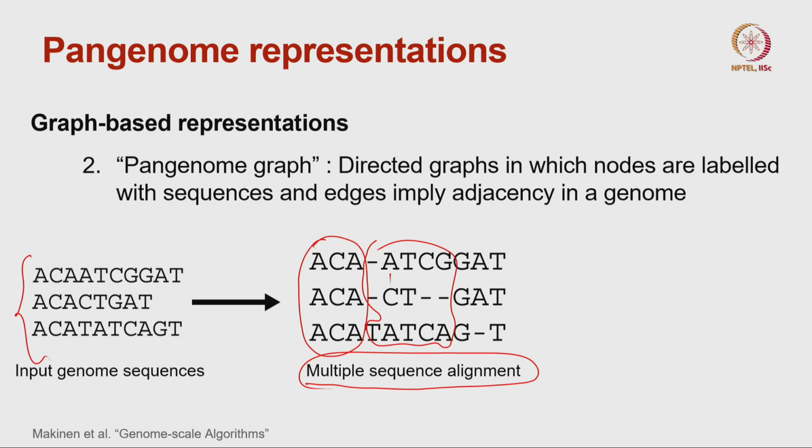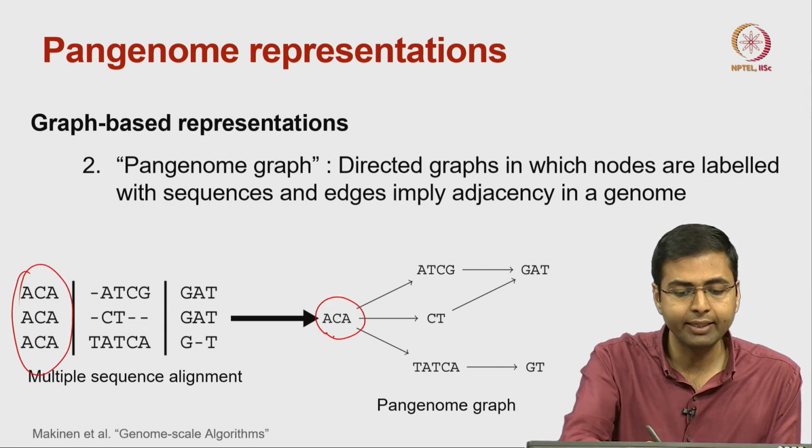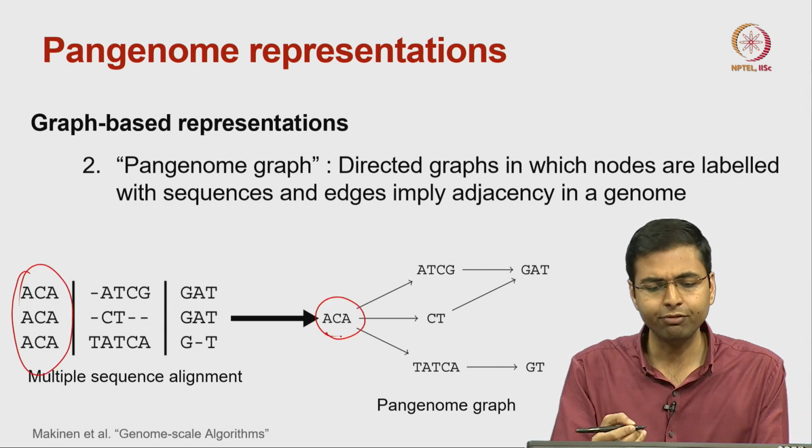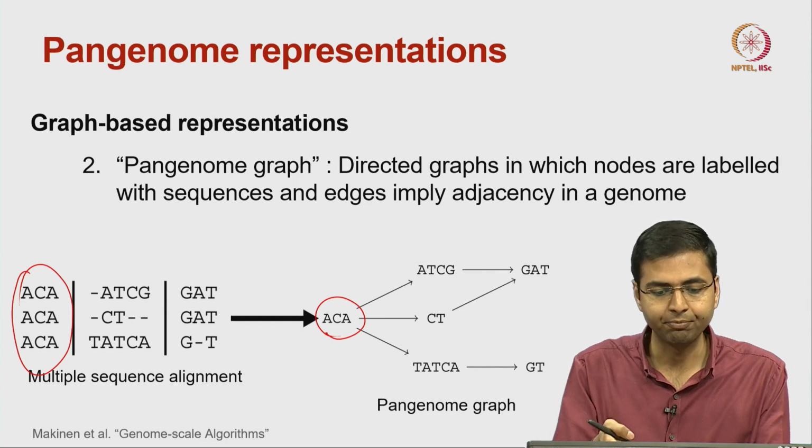So, now once we have this multiple sequence alignment representing the regions of homology and regions of differences in these genome sequences, we can use that multiple sequence alignment to construct a compact graph. For example, if we know that this portion is well conserved, then we would use only a single vertex in the graph to draw the pangenome representation.